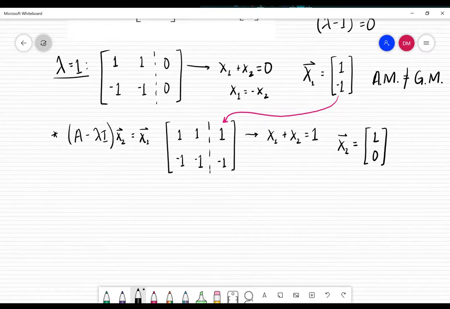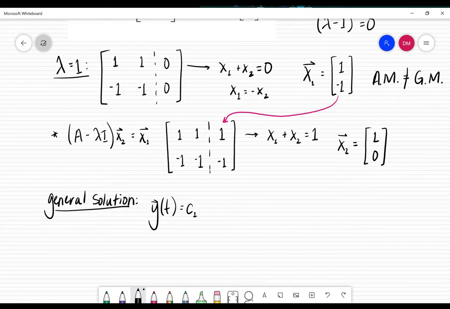So let's go ahead and build our general solution here, and we could check that we get a fundamental set of solutions by finding the Wronskian and all of that. I won't do all of that, but my general solution, y of t, I'm going to take c1 times e to the lambda t, and my lambda, remember, was equal to 1, so c1 times e to the t, multiplied by that eigenvector x1, plus C2 times this whole big quantity.